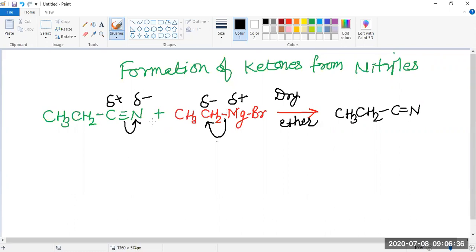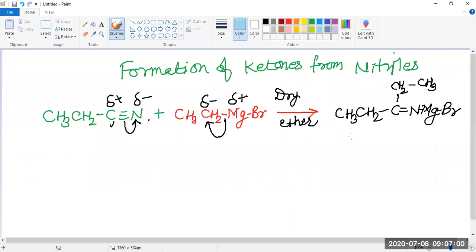So I will write here MgBr, and the positive terminal of this carbon will be attached to this group. So I will write this portion upside, CH2 and CH3. Now I think this point is clear to all of you.